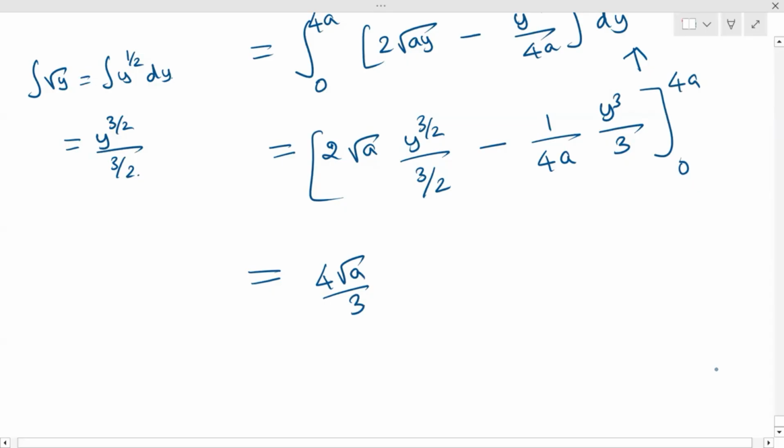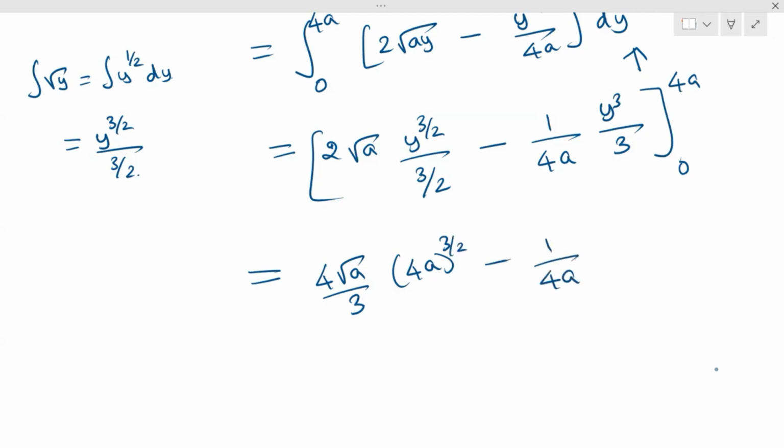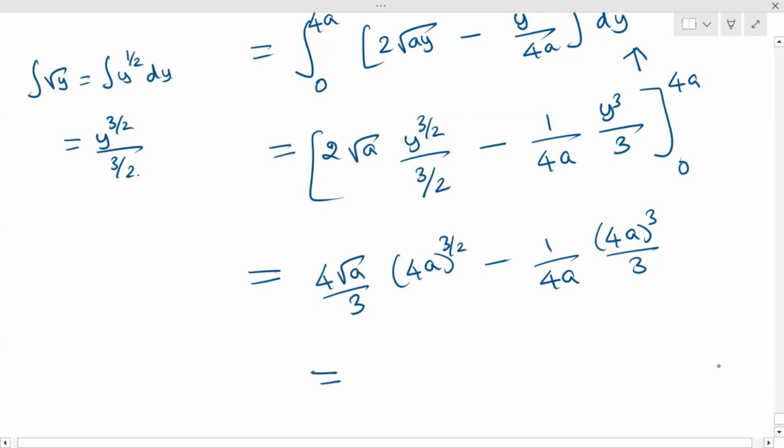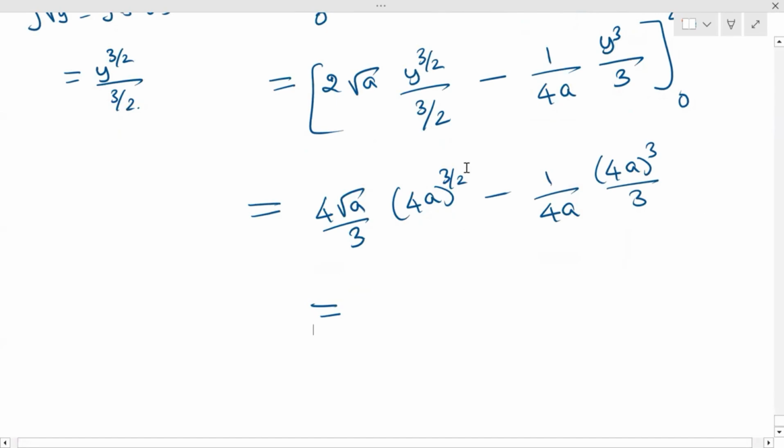Apply the upper limit. Y is 4a, so 4a power 3 by 2 minus 1 by 4a, and y is 4a means 4a whole cube by 3. When you apply the lower limit, both the terms turn to 0. Now we have to simplify. 4 power 3 by 2 is nothing but 8. 8 into 4, 32.